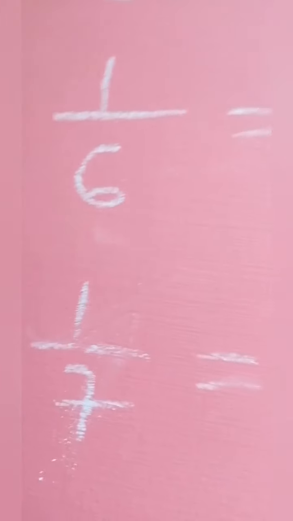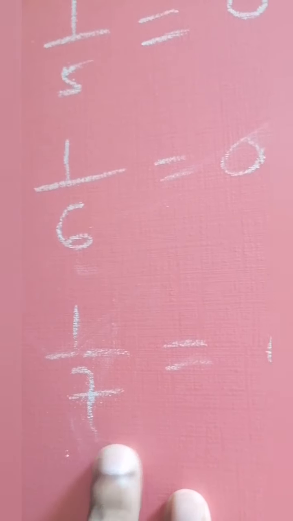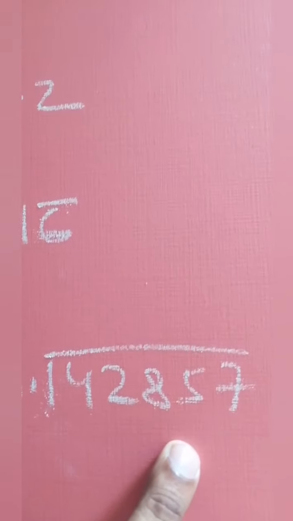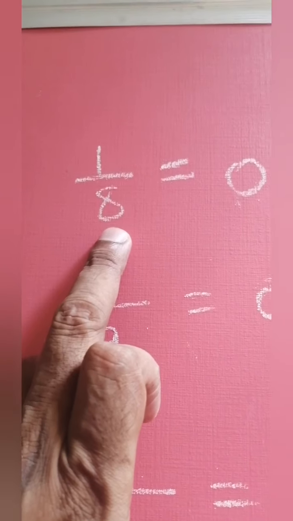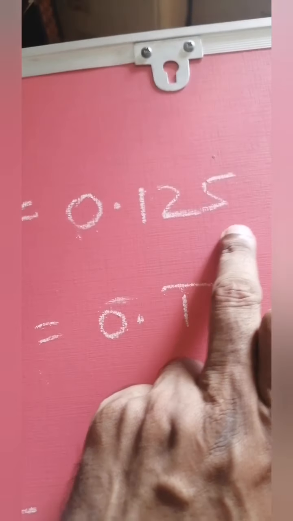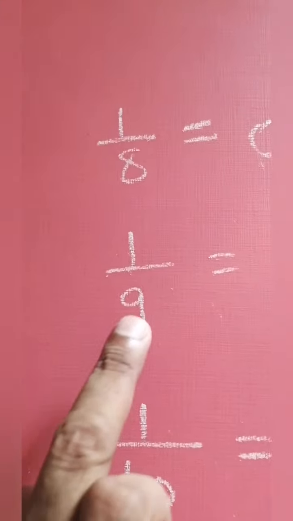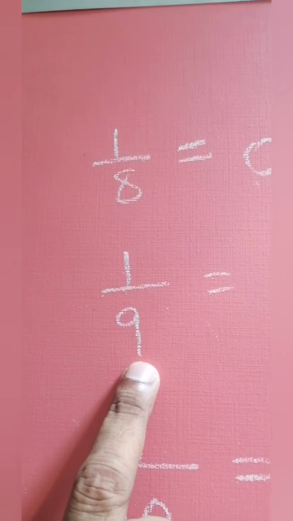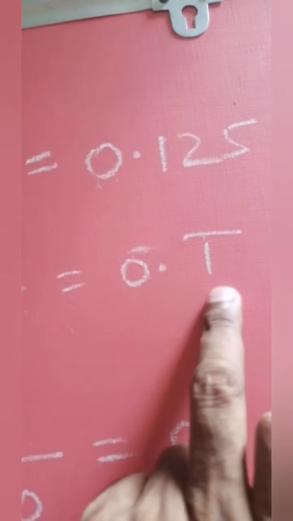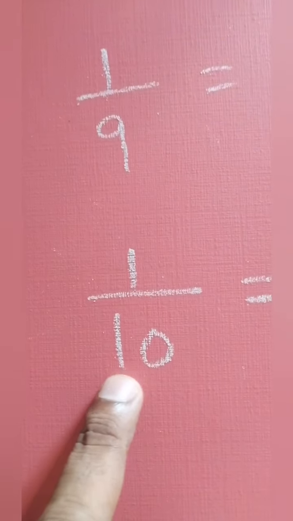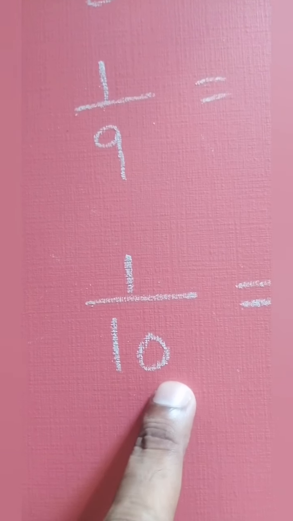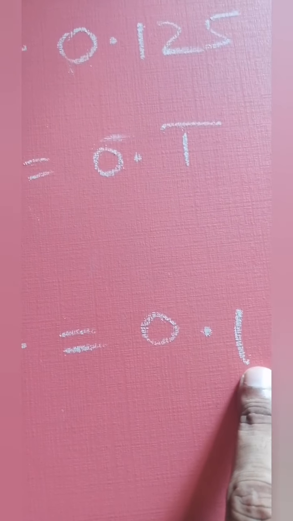In 6 also we have 3, that is 2 into 3, therefore it is a non-terminating decimal number. 7, here also we are not getting 2 or 5, so the decimal expansion is non-terminating. 1 by 8, 8 is 2 cube, means 2 into 2 into 2, as 2 is there in the denominator we are getting a terminating decimal number. 9 means 3 into 3, so as 3 is present, it gives a non-terminating decimal number. And 1 by 10, that means 2 into 5, 2 is present and 5 is also present, and we are getting the terminating decimal number.